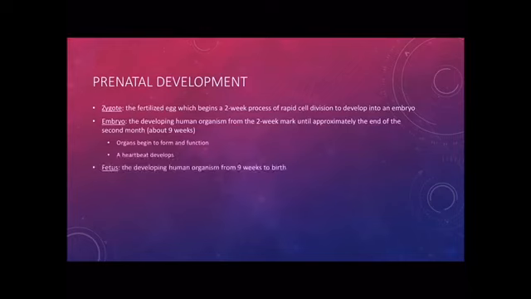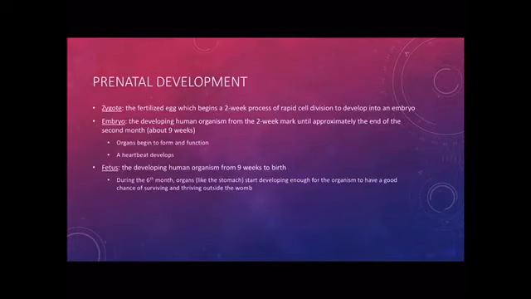Okay, you definitely want to know the order of prenatal development. So know that it goes zygote, embryo, fetus. Zygote, embryo, fetus. So the zygote is just the fertilized egg from conception to 2 weeks. So the zygote stage is very short.